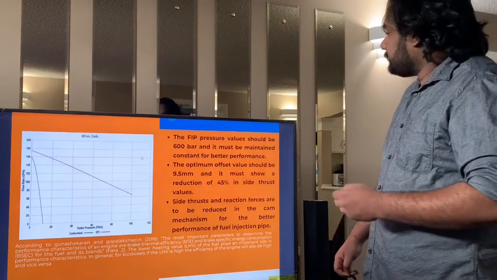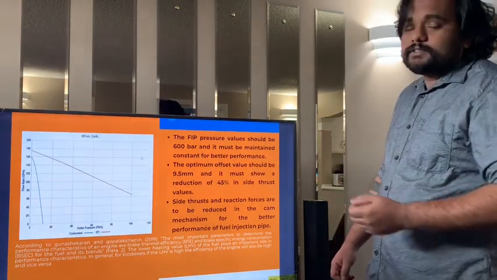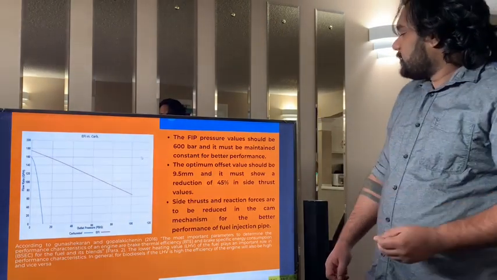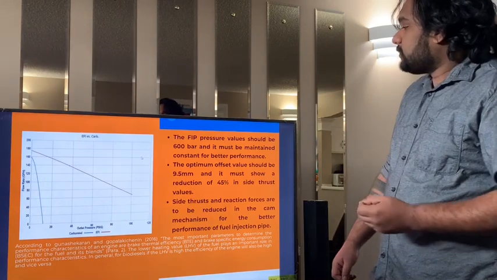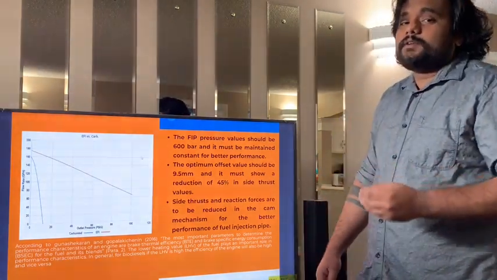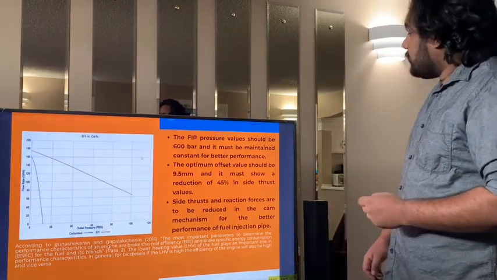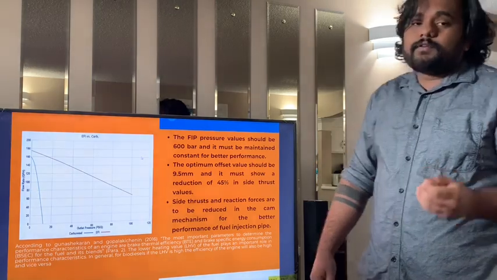In this graph, the FIP pressure value should be 600 bar, and it must be maintained constant for better performance. At 600 bar, we get the most efficient output from the fuel injectors. The optimum offset value should be 9.5 mm, and it must show a reduction of 45%.